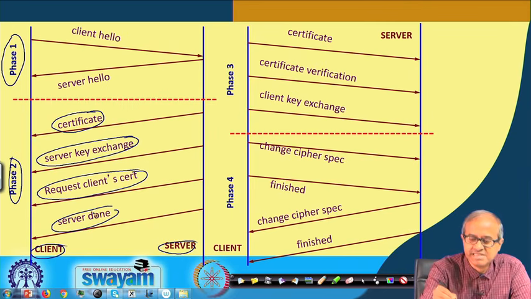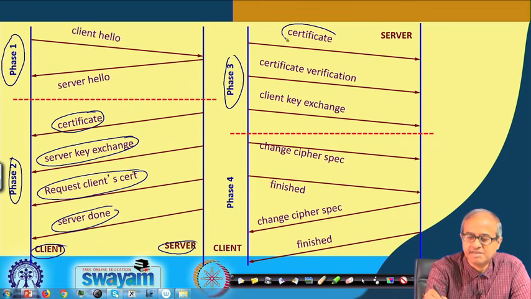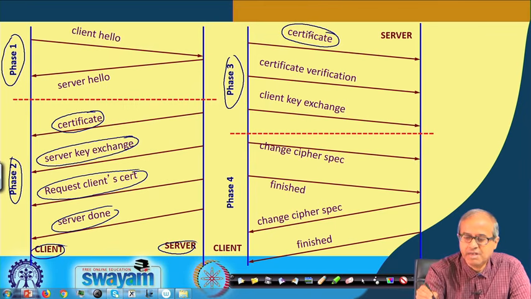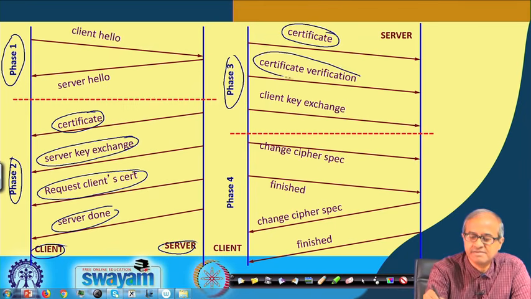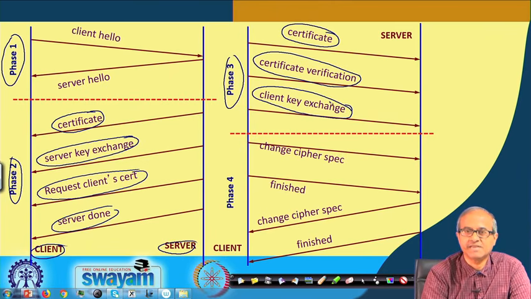So, now in phase 3 it is the responsibility of the client. The client will be sending the certificate first. It will also send that well I have verified the server certificate and client key exchange, some information about the client key, that which key to use, right.